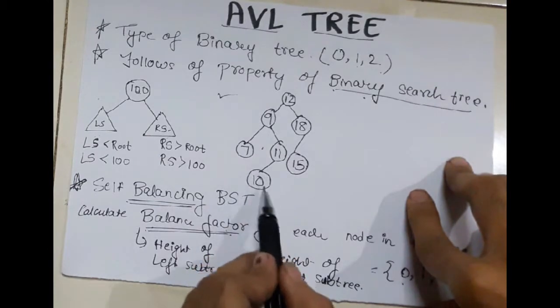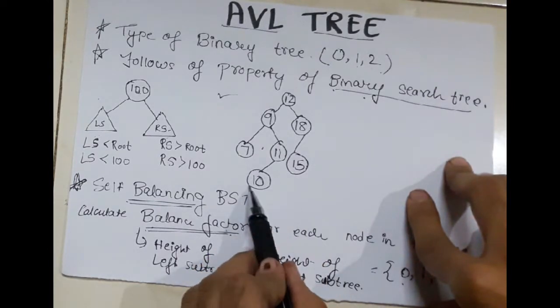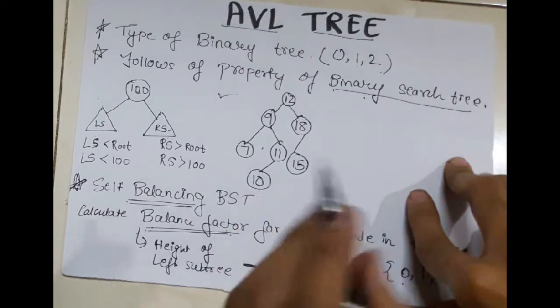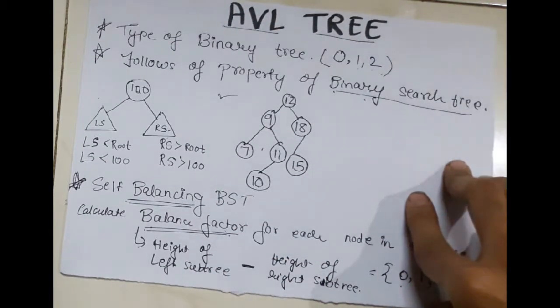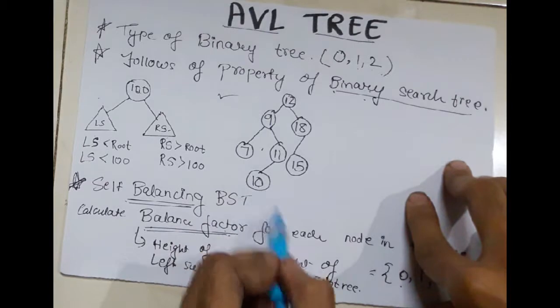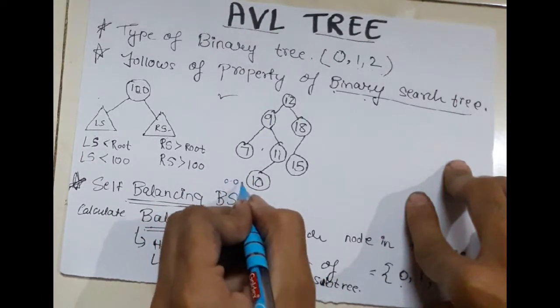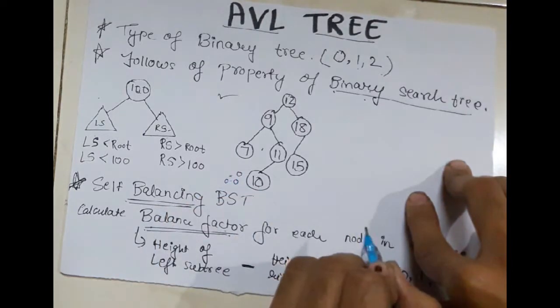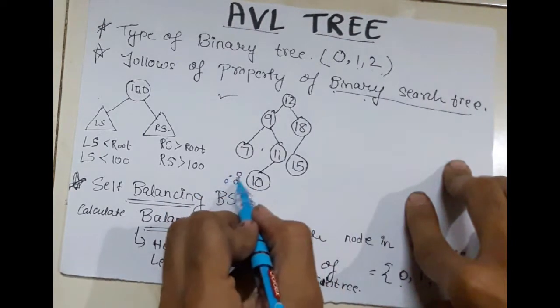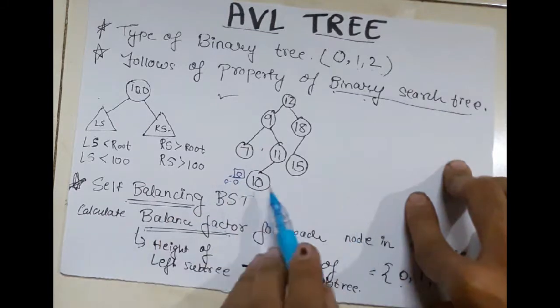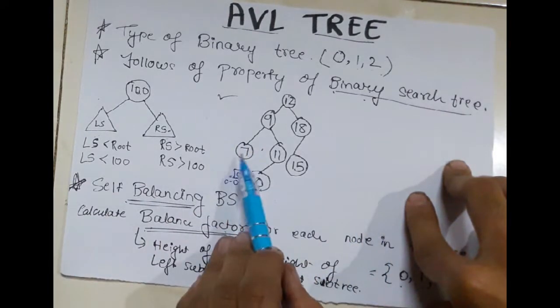See, here 10. The height of left subtree for node 10 is 0, right? And the height of right subtree for node 10 is 0. So 0 minus 0 is 0. Isn't it? So the balance factor for this node is 0. Now 7.